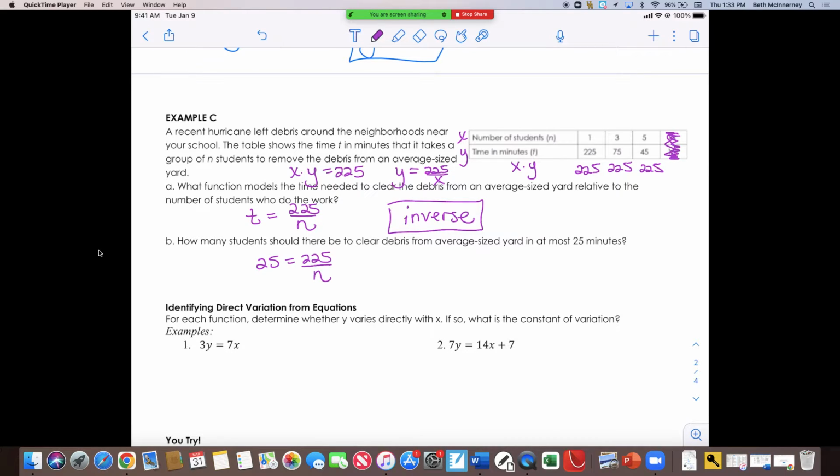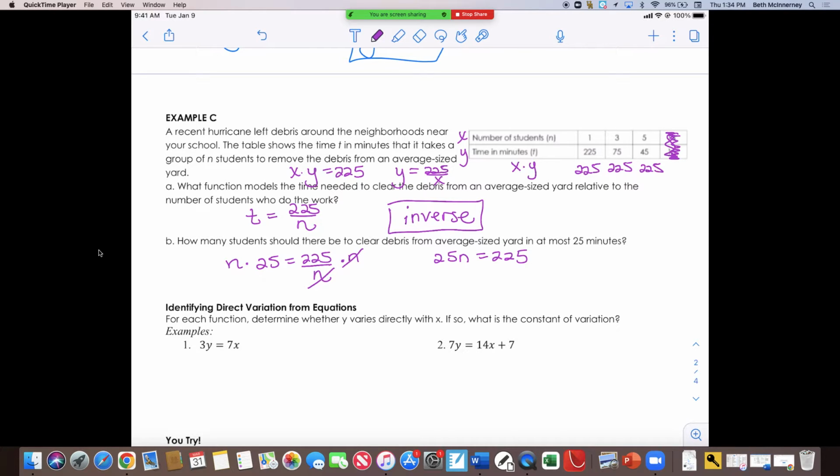What could you do to both sides of this equation? I can't divide by n because it's multiply by n, right? So we're going to multiply both sides by n, and that's going to give me 25n. Then the n's cancel, equals 225.